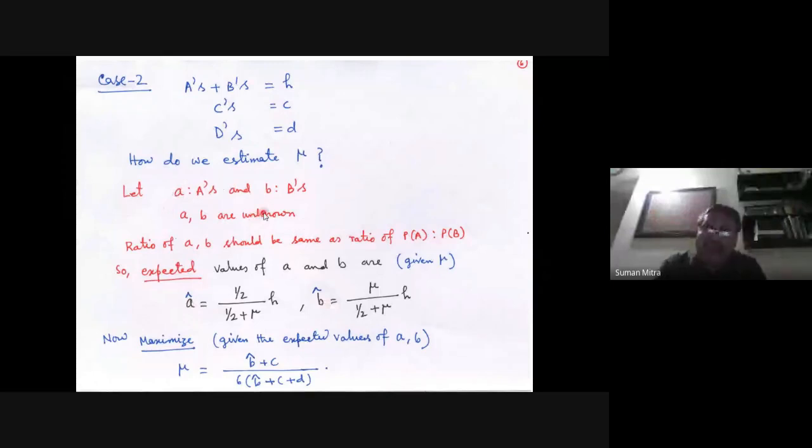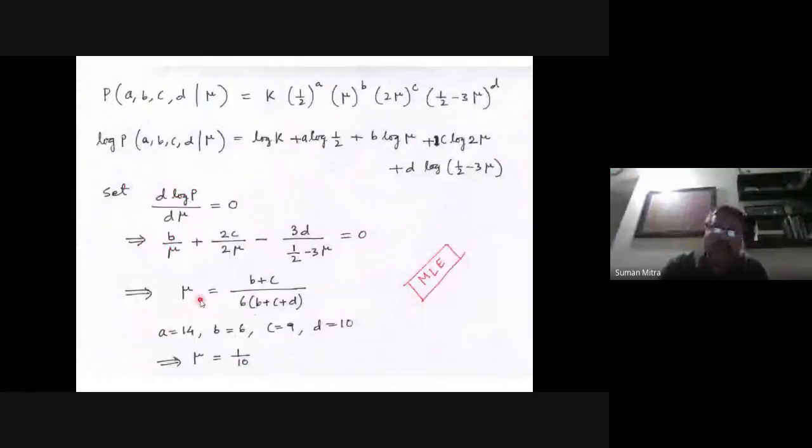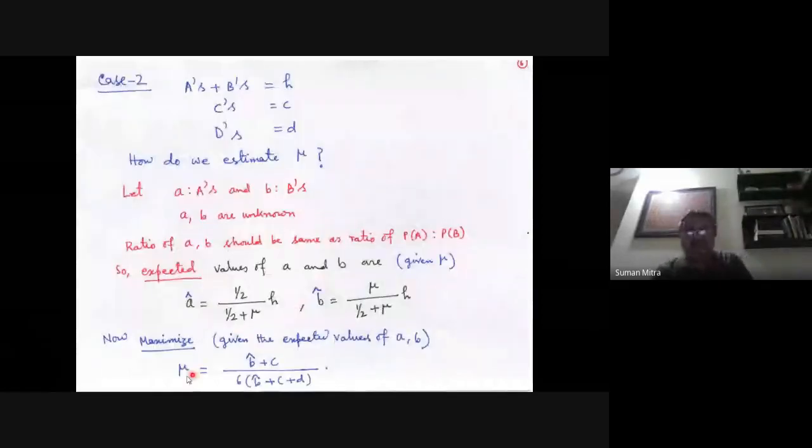Now if we get the expected values, then what was the maximum likelihood of mu? B plus C by 6 into B plus C plus D. So here you do the same thing: mu equals B hat plus C over 6 times B hat plus C plus D.